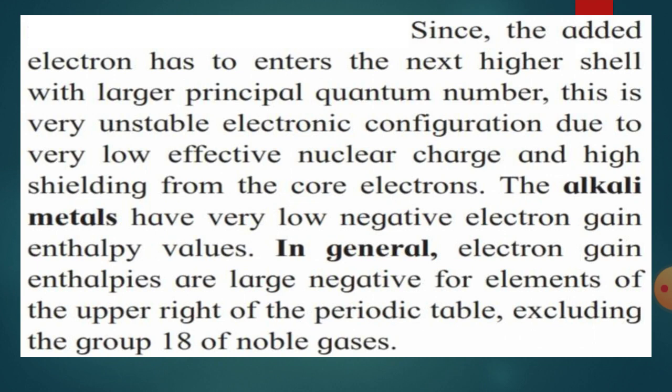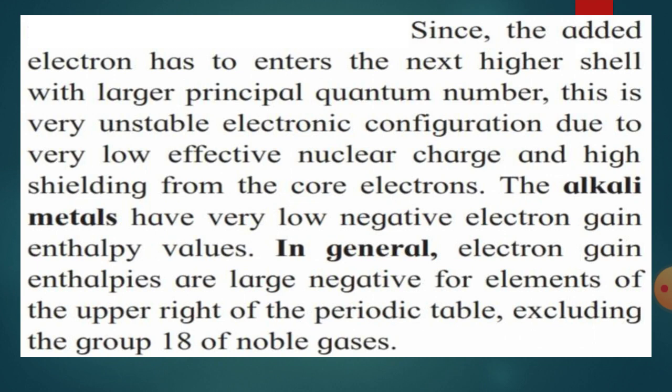Group 18 elements, the noble gases or zero group elements, are completely stable and don't require any electron to attain stability. If we add one electron to them, that electron will be added to the next higher shell with a larger principal quantum number, and this is a very unstable electronic configuration due to very low effective nuclear charge and high shielding from the core electrons.